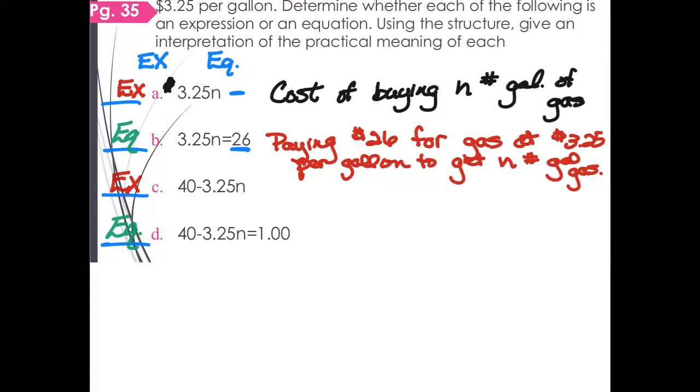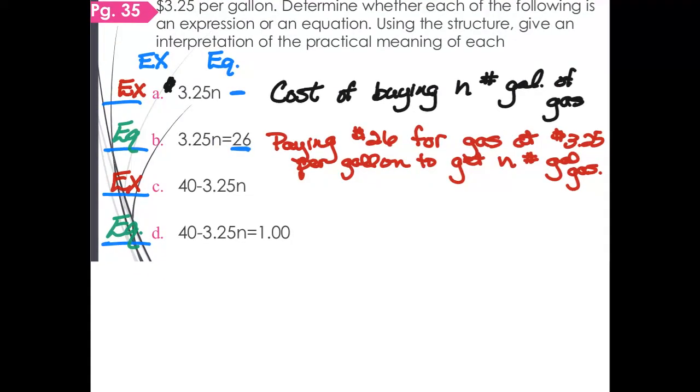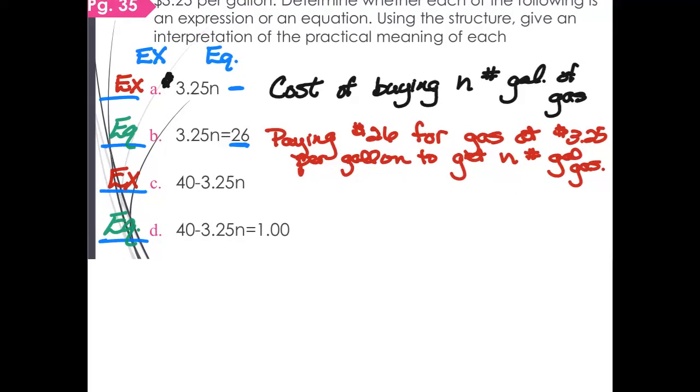I really want to know what's happening in each scenario. Okay? All right, so let's go to C. 40 minus 3.25n. What is this talking about? 40 minus 3.25n. Okay.